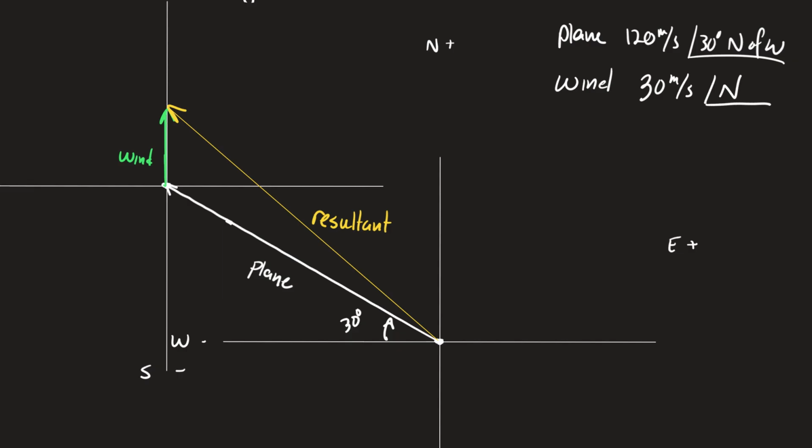Now, we're doing this graphically, which means we've been doing this to scale as much as possible. So now we want to start getting some scale measurements out of this, because the yellow line is actually what the plane does relative to the ground. It's important to realize the plane actually faces this way the whole time. So it's pointed in one direction, but is moving in another, because the wind keeps pushing it off course.